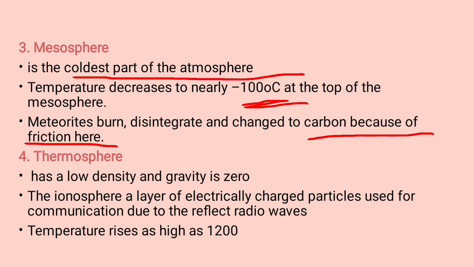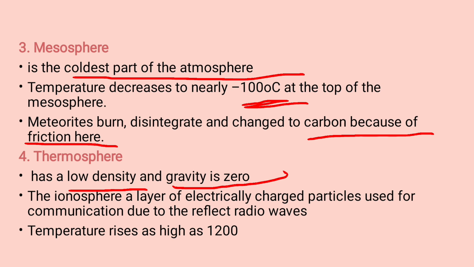Okay, the fourth and the last layer of the atmosphere is known as the thermosphere. The thermosphere has a low density and gravity is also nearly zero. The ionosphere is a layer of electrically charged particles used for communication due to reflected radio waves, and it is commonly found in the thermosphere.